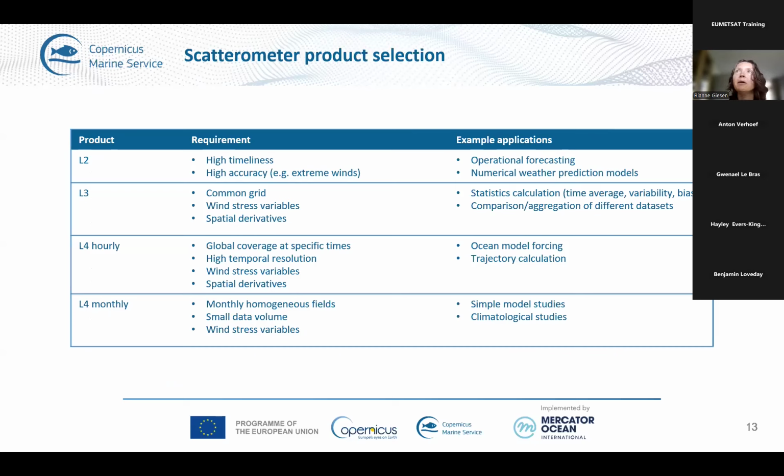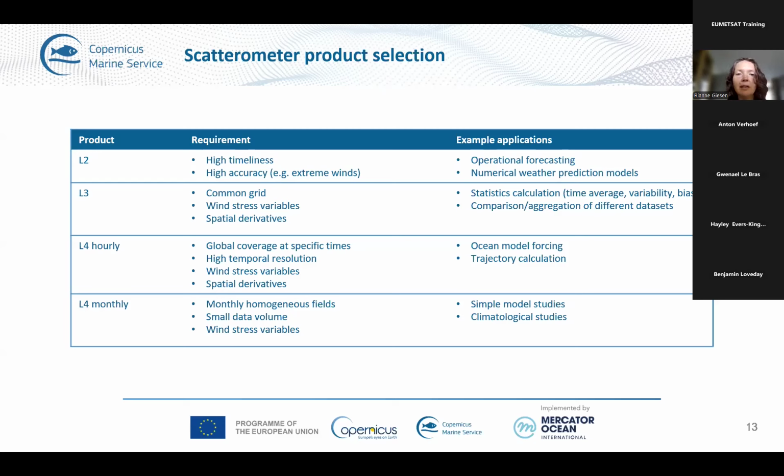So I'd like to end with an overview because there are many products, many different levels, and you might wonder what would be most appropriate for your application. If you require high timeliness and or a high accuracy, so really the original winds, then the level 2 products are the ones to use. If you want to do a more statistical approach, averaging or comparing different data sets, different variables, then the level 3 is more appropriate, also because there are additional variables provided.